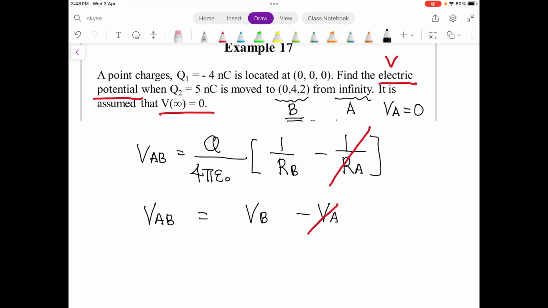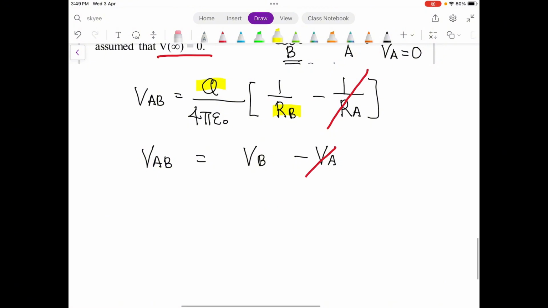So here comes the question of what Q is. The Q is the source of the electric field. So the source of the electric field is actually contributed by this Q1 that is located at 0, 0, 0. And then this RB would be the distance between the coordinate of Q1 and the coordinate B. So this one is the distance.